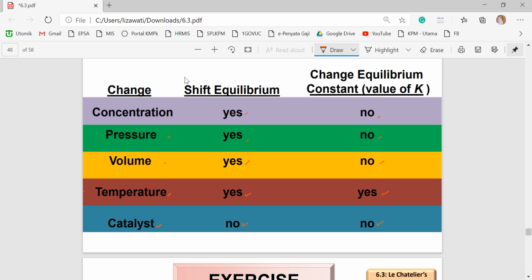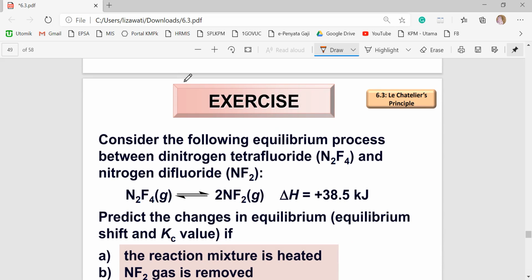Just remember, temperature gives an effect on the shift of the equilibrium and also the value of K.